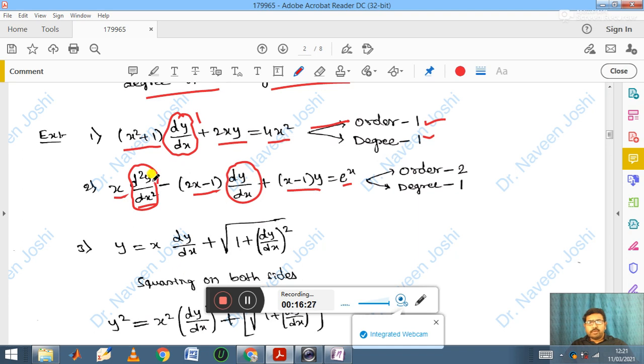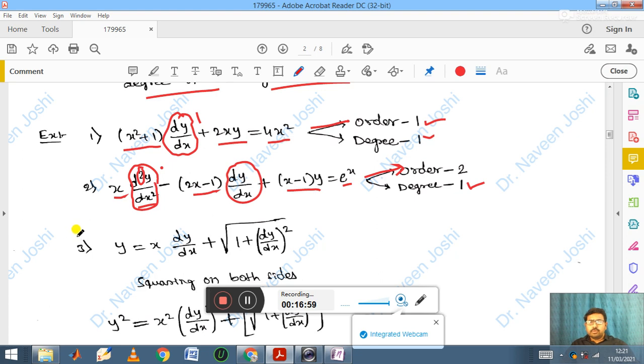If you compare these two, the highest order derivative is d²y/dx². Then what is the order? Order is 2. So the order of this differential equation is 2, and the degree is the power of the highest order derivative. The highest order derivative is d²y/dx² and its power is 1. Therefore order is 2 and degree is 1.